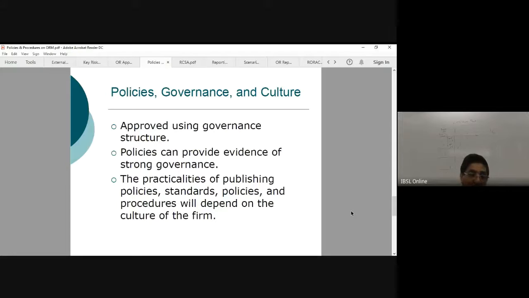Now the policy approvals are made according to the governance structure. Basically in a financial organization or a bank, the board of directors approve the policies.